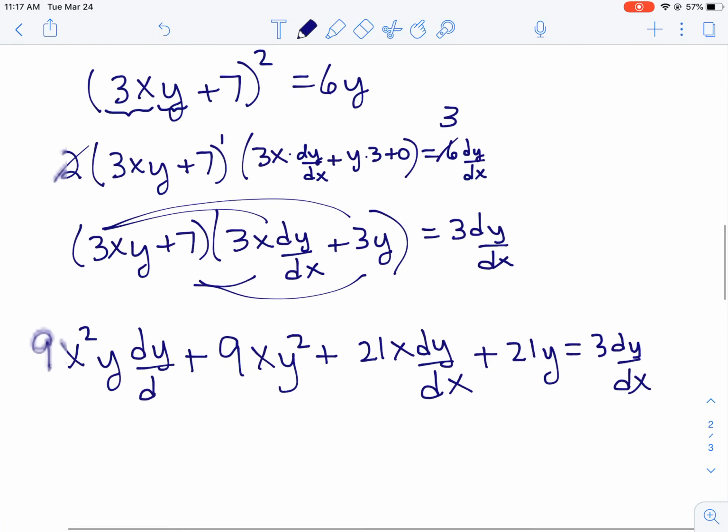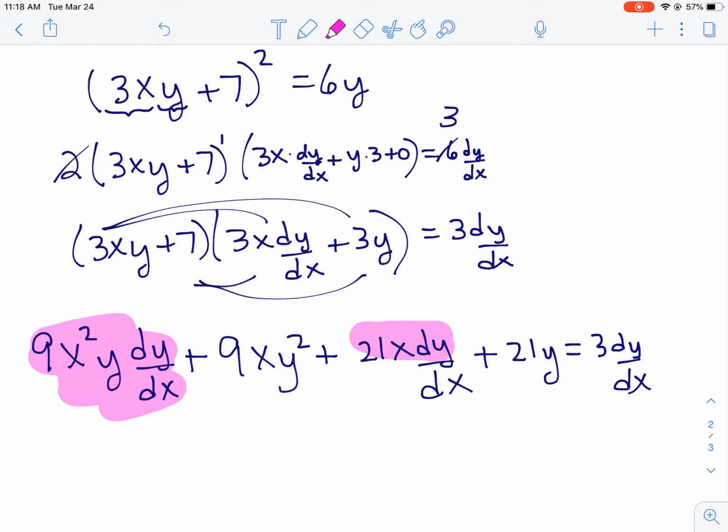All right, so now I look at this and I notice every single term can be divided by 3. So I'm going to go ahead and do that. And let me fix this. This is dy dx. I'm going to put this term next to this term because those are the ones that have dy dx. Actually, I'm going to subtract those and put them on this side so that all the dy dx's are on the right side.